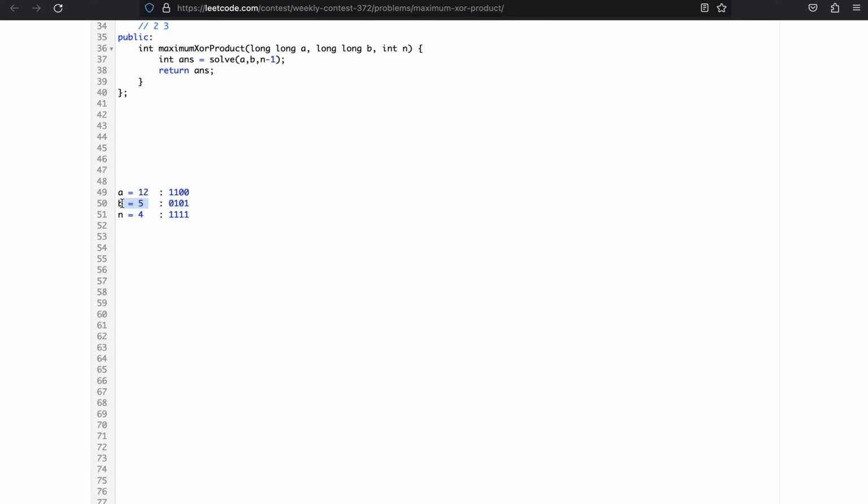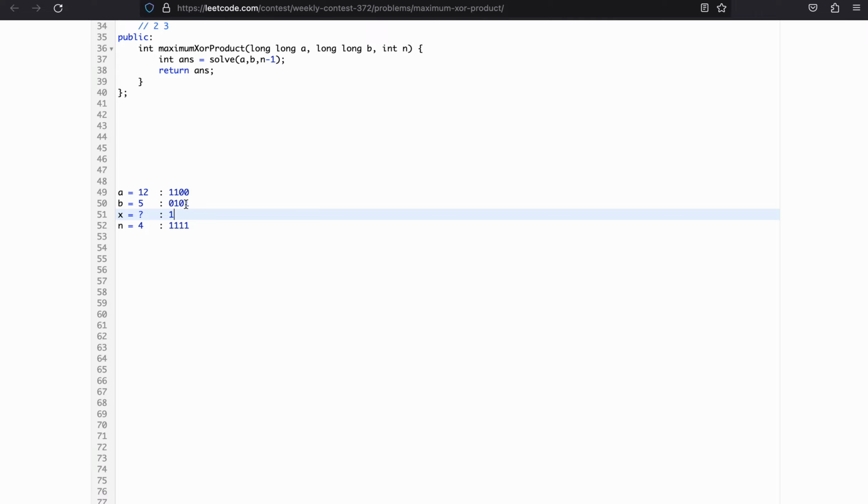Here b is minimum, so we try to make the 0th bit 1. Since the bits are different, we try to increase the value of b, so that's why we set 1 in x, the last bit of x should be 1.